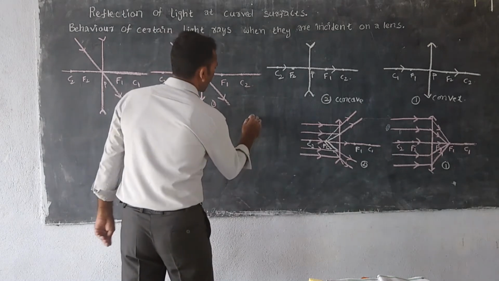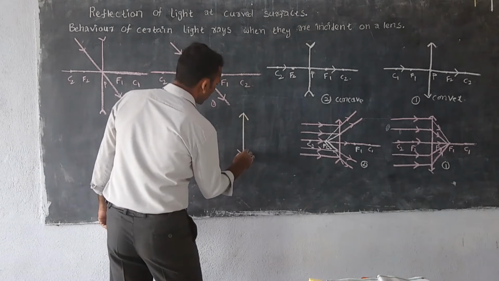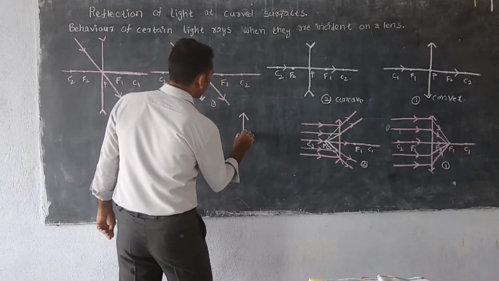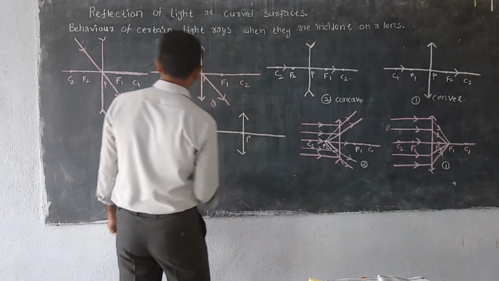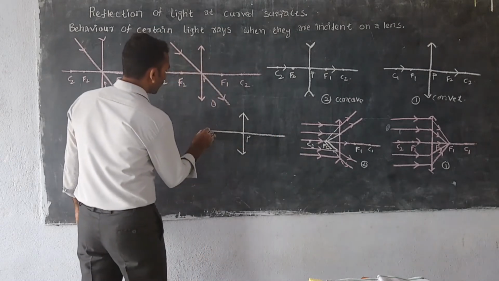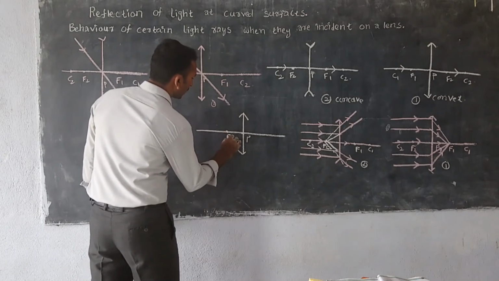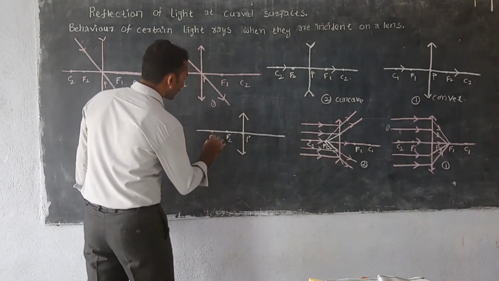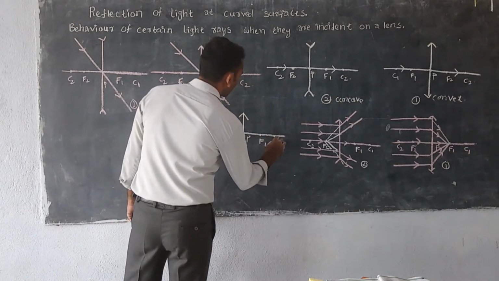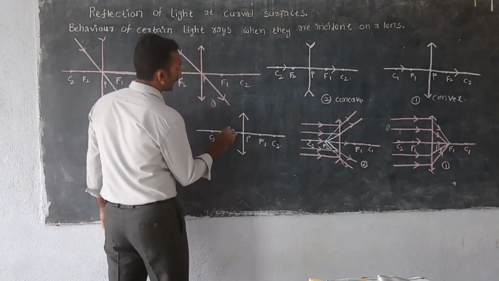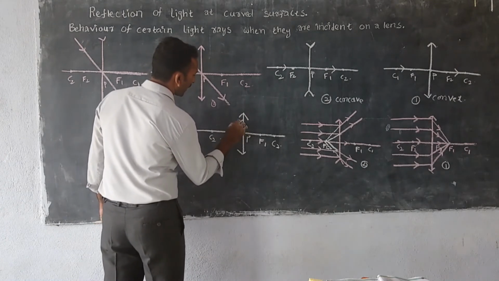First take a convex lens, and this one is the optic center of the lens. This one is the principal axis. This one will be the focal point F2, and this one will be the center of curvature C2, and this one will be the focal point F1, and this is the center of curvature C1.